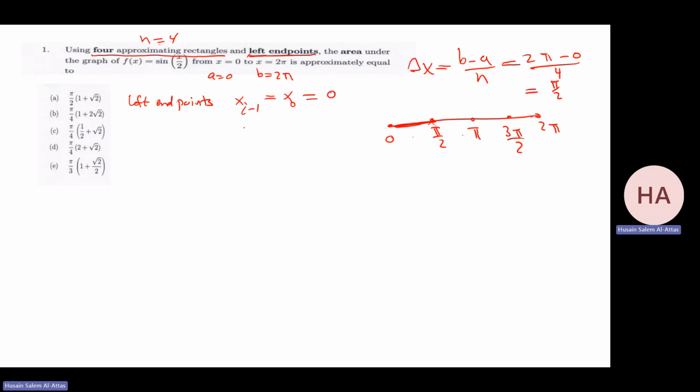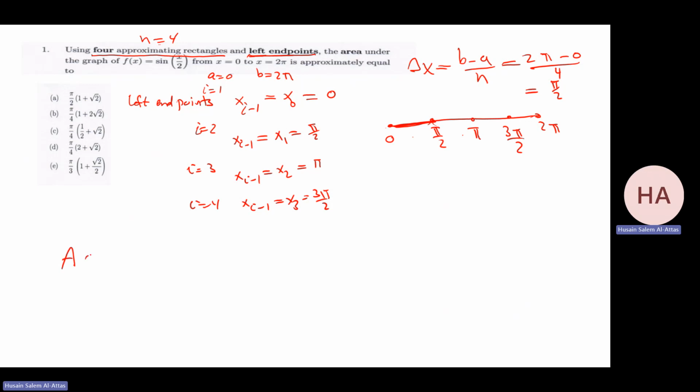That will be 0, first rectangle, when i equals 1. When i equals 2, xi minus 1 will be x1, which is pi over 2. When i equals 3, xi minus 1 will be x2, which is pi. When i equals 4, xi minus 1 will be x3, which is 3 pi over 2.